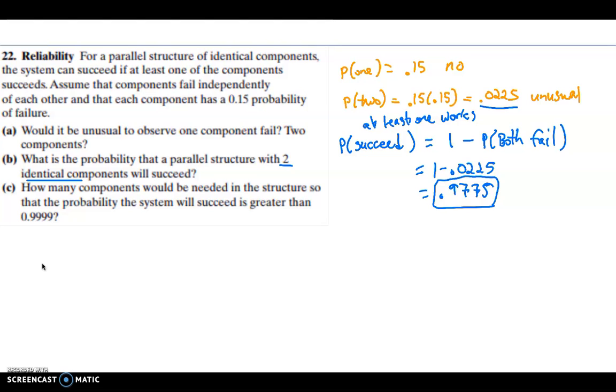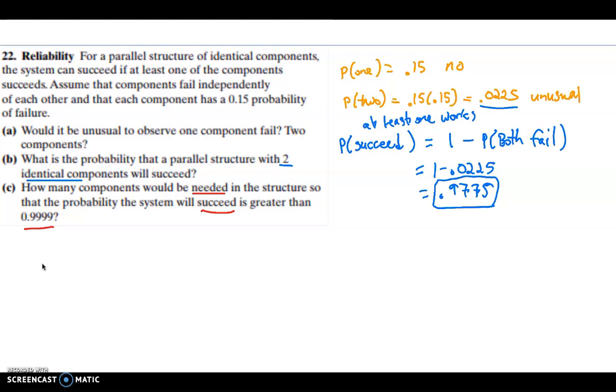Now, this last question is going to make us think for a minute. How many components would be needed in the structure so that the probability the system will succeed is greater than 0.9999? Again, for it to succeed, we need at least one of the components to succeed.